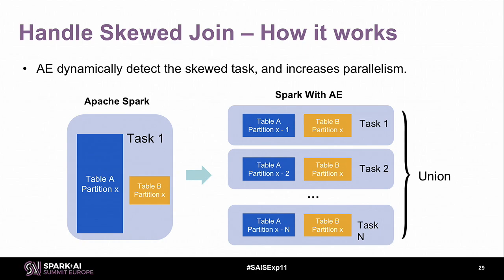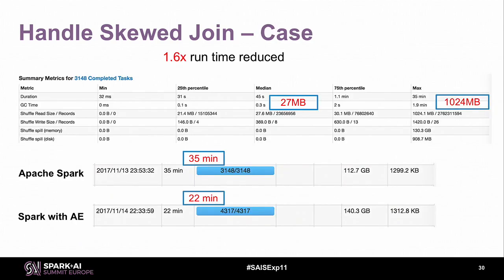In the adaptive execution, once we detect the skewed partition, we can use n tasks to process that partition, and each task processes a part of that partition's data. So we can make the skewed partition run faster. In this case, the AE actually launches 5 tasks for the skewed partition, and we can see 1.6 times runtime improvement.